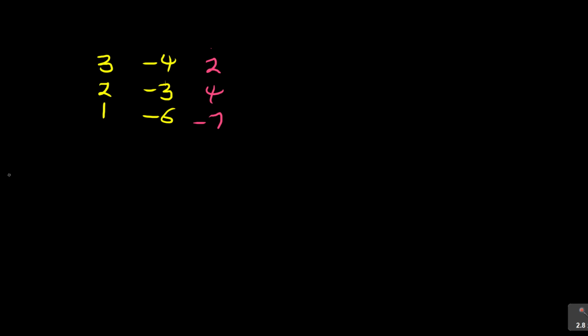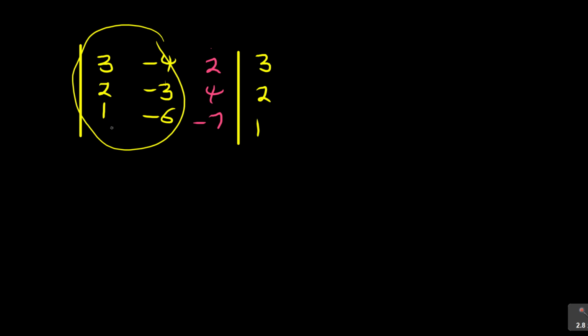I'm using the second method here. I have to rewrite it: the 3, 2, 1, I'm rewriting 2, 3, 2, 1, and I'm writing minus 4, minus 3, minus 6. I'm using the second way of solving this.